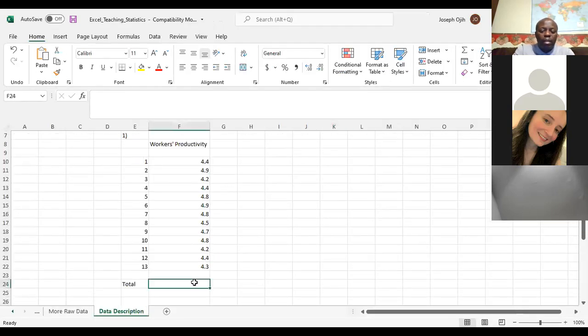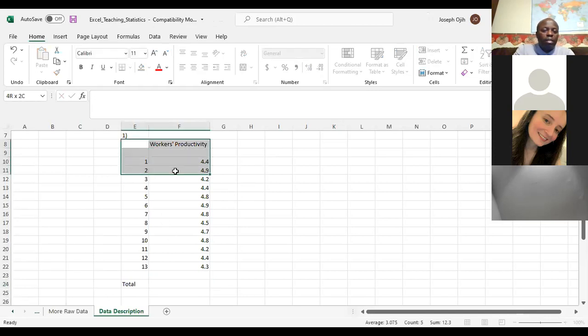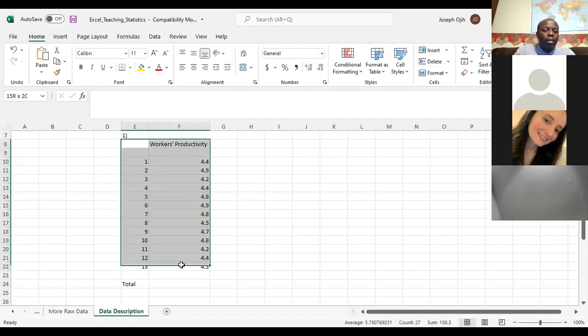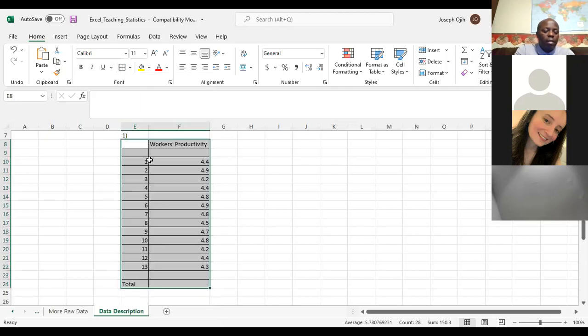I'll call this the serial number. Let me copy it so you can paste it in a place. So we have this right here. You can see I put the numbers in. See, all of them are in. So there are 13 of them.